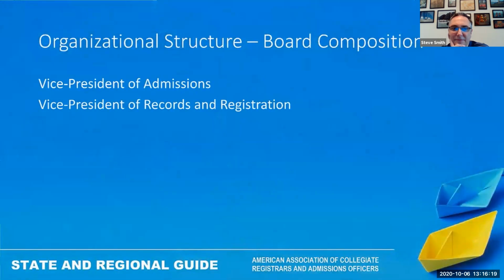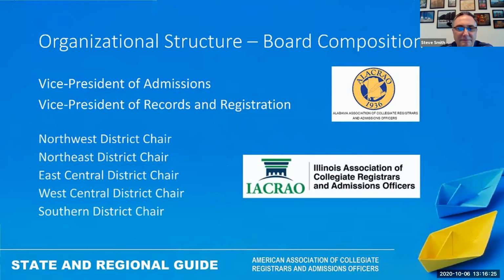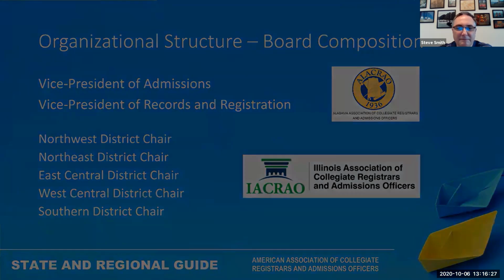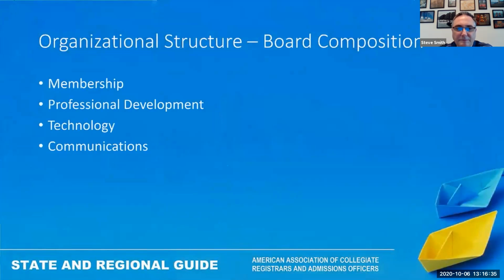Other positions vary by association, but can be grouped into 2 main categories, representative or functional. One type of representative board member is by job duty, while another represents a specific geographic area. Common functional board members work in areas such as membership, professional development, technology, and communications, though the guide expands on even more areas.